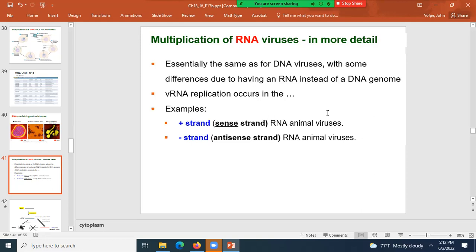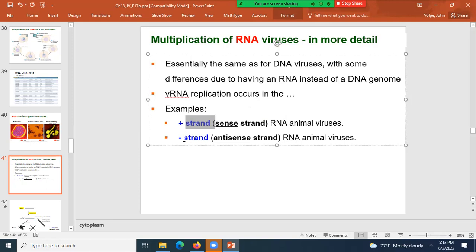When we're talking about single-stranded RNA viruses, it's important to realize that there are two types. There's the positive strand, single-strand RNA animal virus, and there's the negative strand, single-strand RNA animal virus. The positive strand can be read by the ribosome.